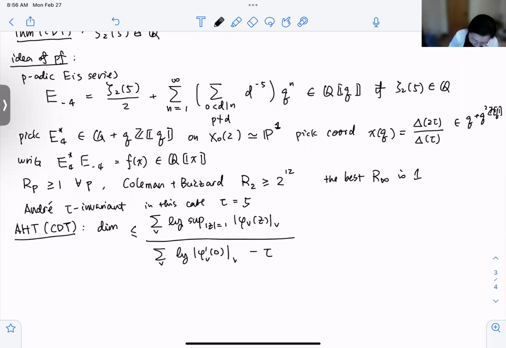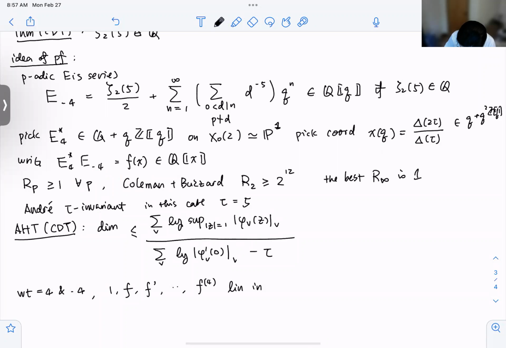Since we have weight equal to 4 and negative 4, we can conclude that f, where you put these q-expansions into the coordinate of the Hopf module, and the derivatives of f up to the 4th derivative are linearly independent.